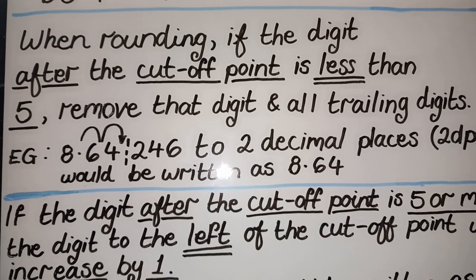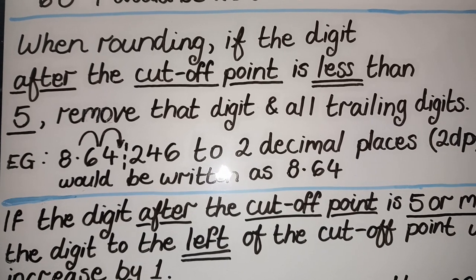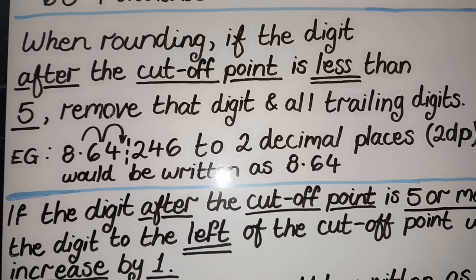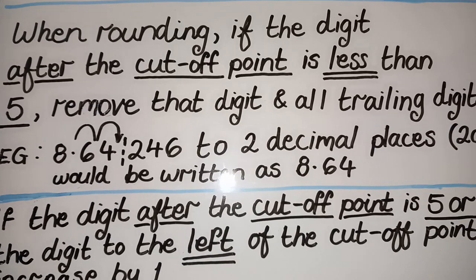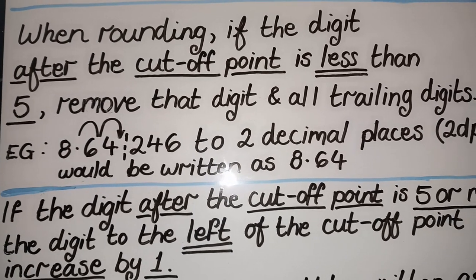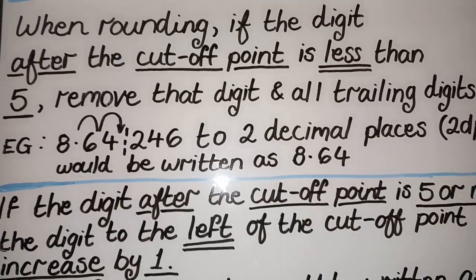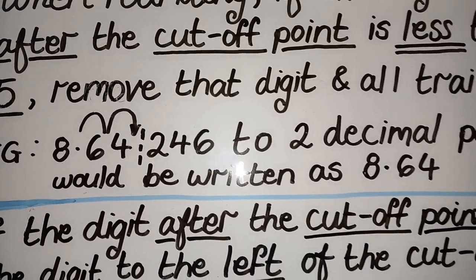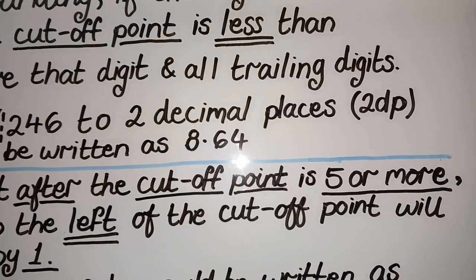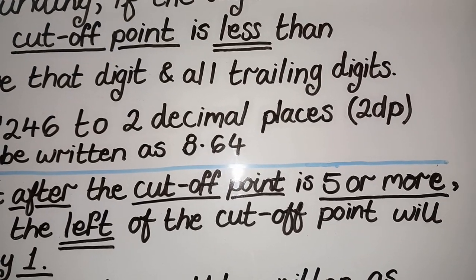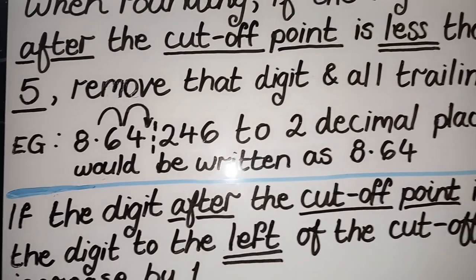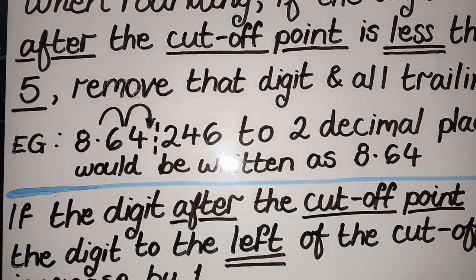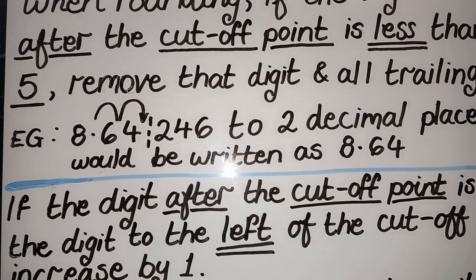When rounding, if the digit after the cut-off point is less than 5, remove that digit and all trailing digits. For example, 8.64246 to 2 decimal places, written as 2dp, would be 8.64. I'll show you why.